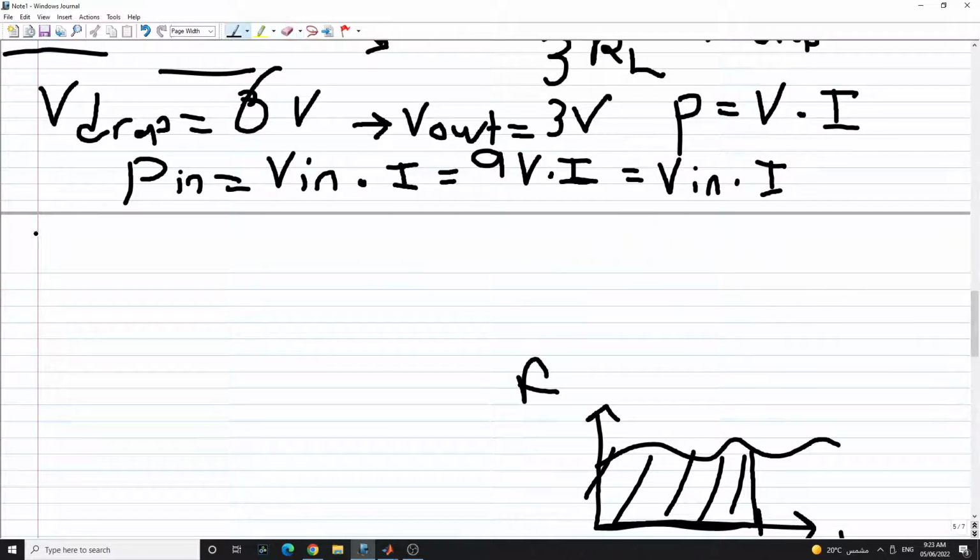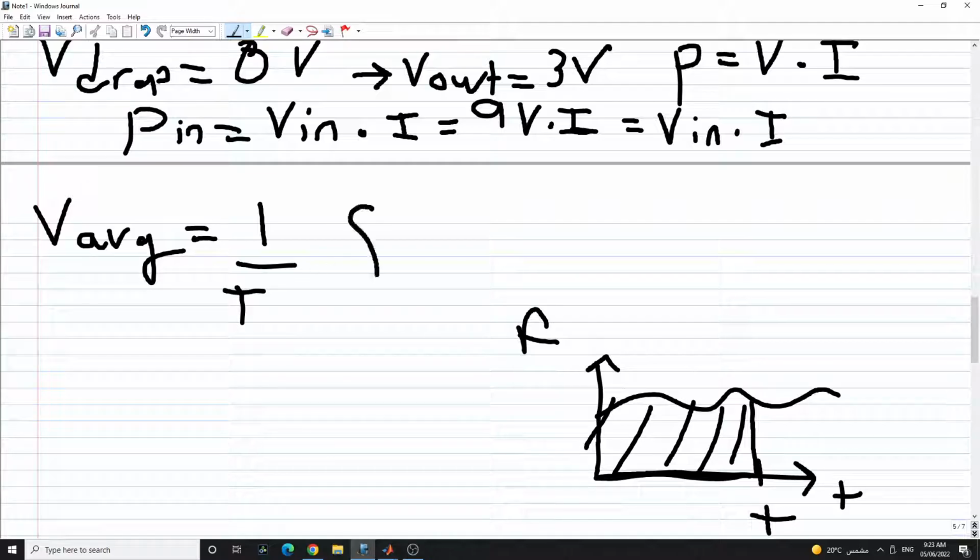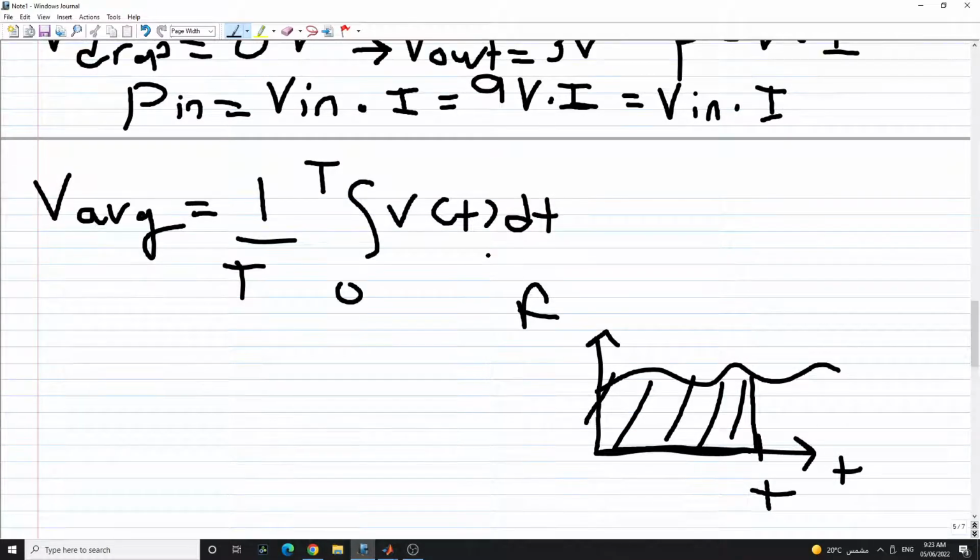And we go over here and actually do the math. We can say that V average is simply 1 over the period, the integral from 0 until the period, of this voltage as a function of time dt. So this is the average component of your voltage.